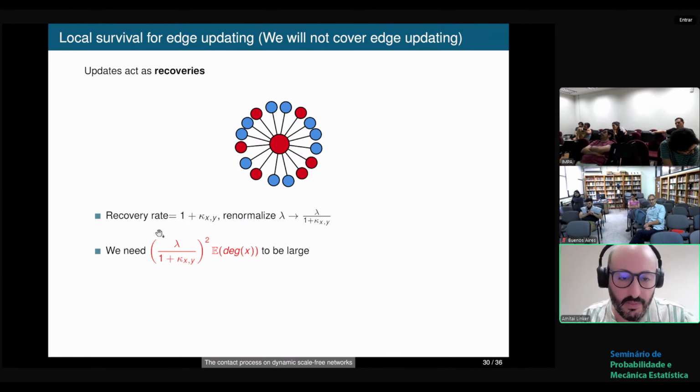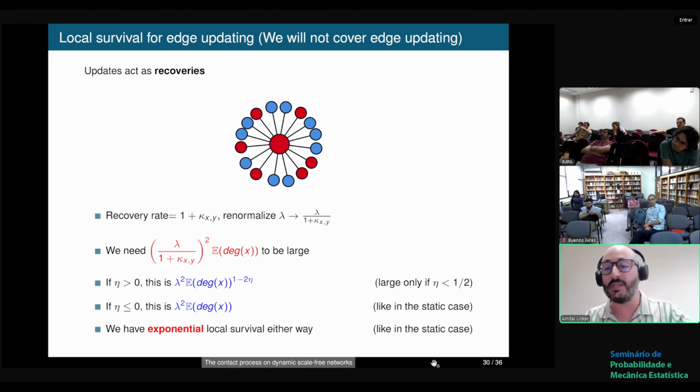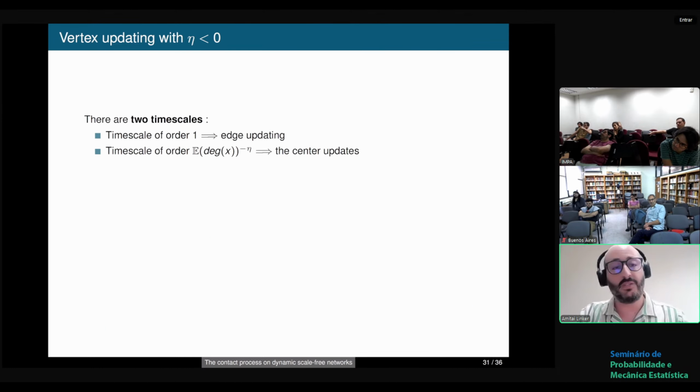So you just want this renormalized infection rate squared times the expected degree to be large. In that case, depending on whether eta is positive or negative, you recover different expressions. But the important part is that this survival time is exponential, as opposed to the previous case in which it was linear.